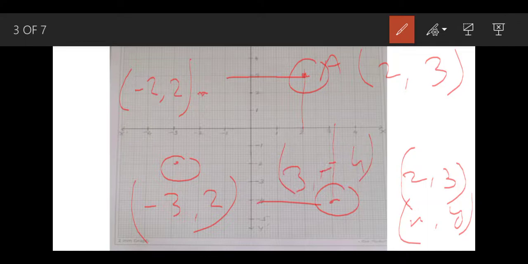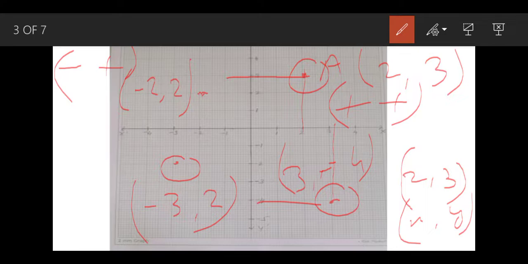So if we see, in the first quadrant, both the values of x and y are positive. In the second quadrant, the value of x is negative and y is positive.